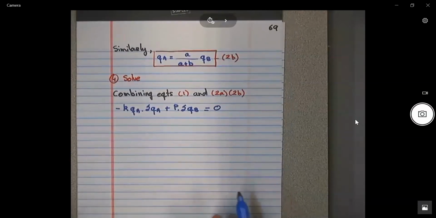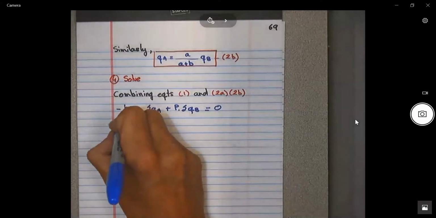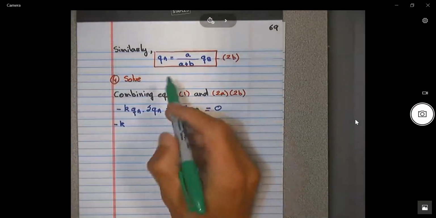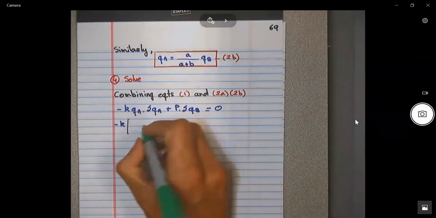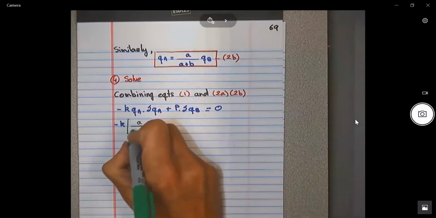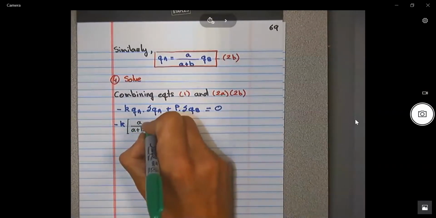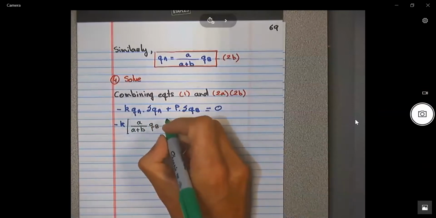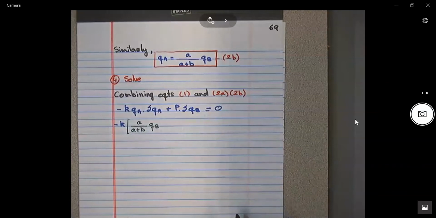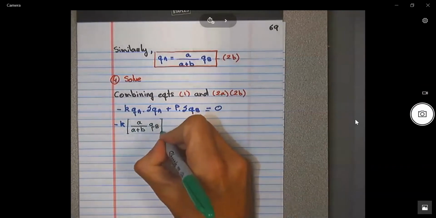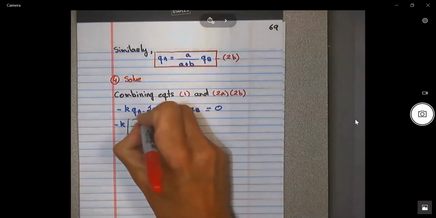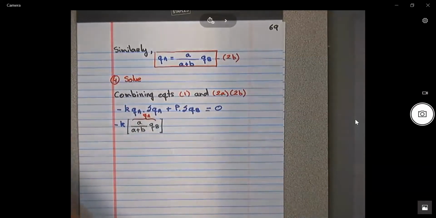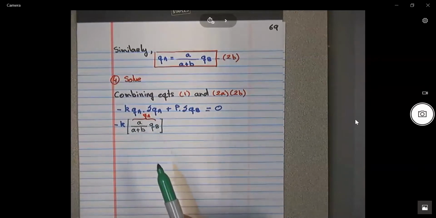Okay, so we're just going to write the same equation. So we're going to have minus k. What would be q sub a? The expression we have over here from 2B would be a divided by a plus b q sub b. So this term over here is q sub a. And now what would be delta q sub a?